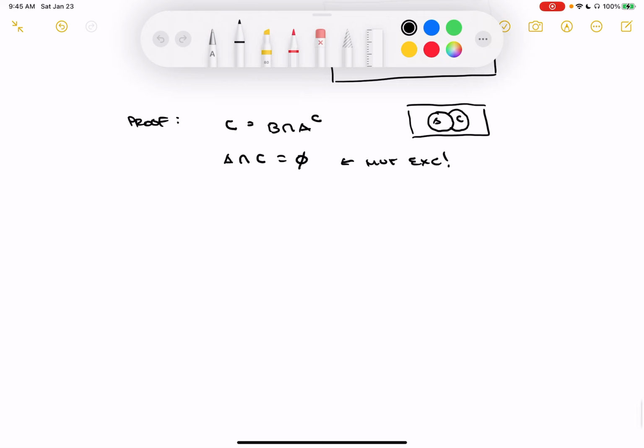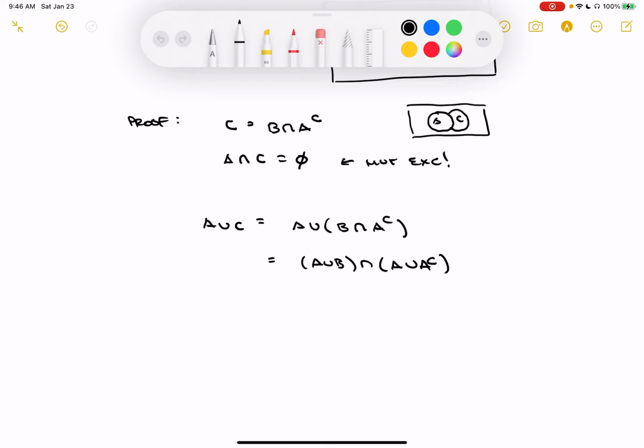So I know, for example, that A union C is equal to A union (B intersect A complement). That's just using my definition up there, which if I distribute this through is going to be (A union B) intersect (A union A complement), right?